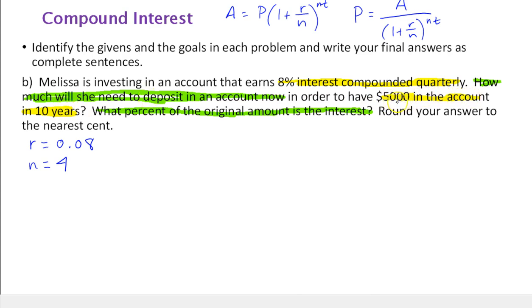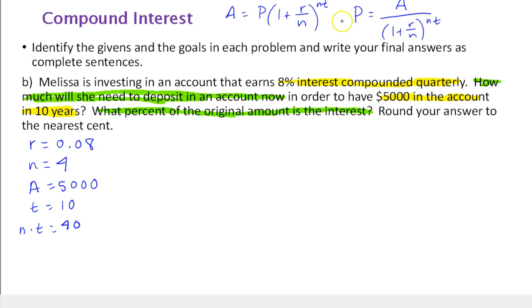So $5,000 is our future amount, A. And our number of years, T, is 10. We are also going to find the total number of compoundings, N times T, because that's what goes in the exponent, and it's easy to make a calculator error if you try to put that whole thing in there. So N times T is 4 times 10, which is 40.